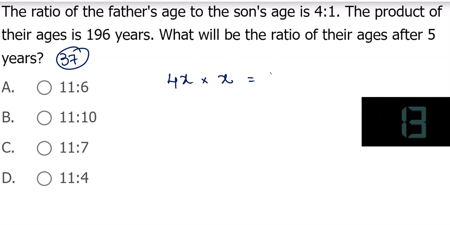The product of that is 196, and you can check that the x value is 7 from this. Now what will be the ratio of their ages after 5 years?